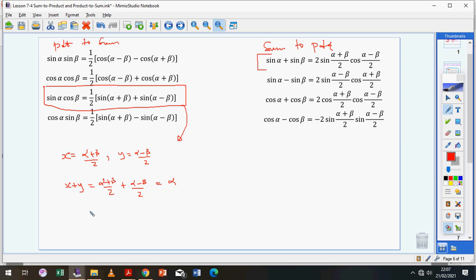And if I subtract x minus y, it will be alpha plus beta over 2 minus alpha minus beta over 2. And when I work that out, what I will get finally will just be beta. So this shows me that x plus y is alpha, x minus y is beta.